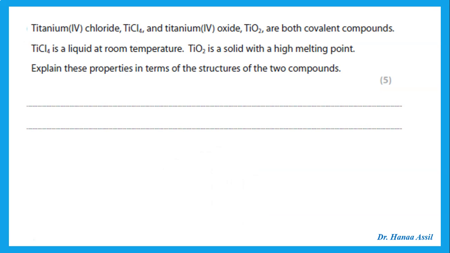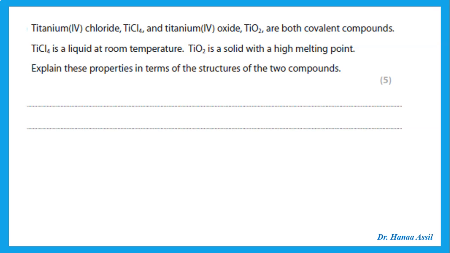Another question says titanium chloride and titanium oxide are both covalent compounds, but titanium chloride is a liquid while titanium oxide is a solid with high melting point. So he's saying titanium chloride has low melting point, titanium oxide has high melting point. Explain these properties in terms of the structures.